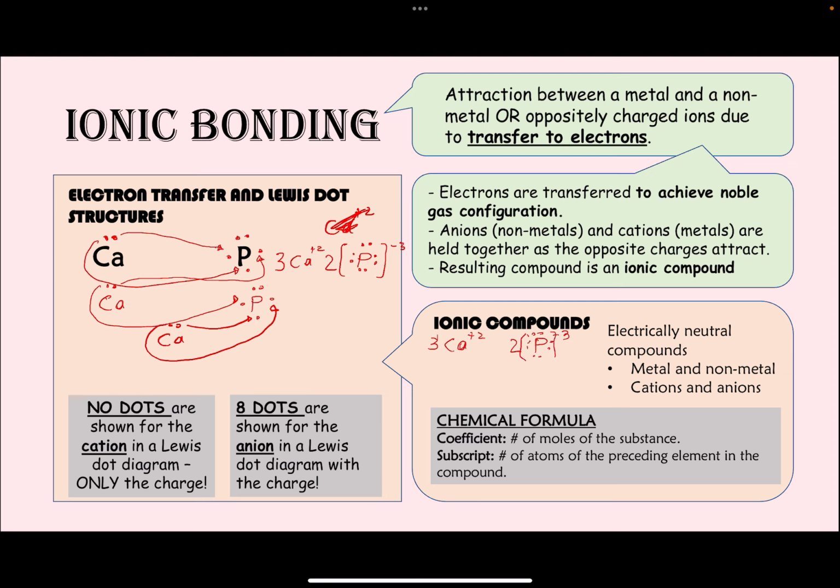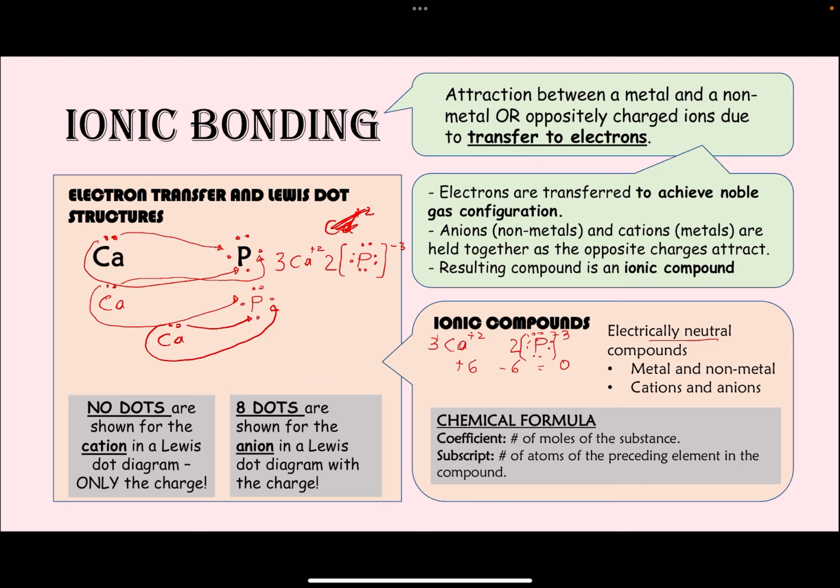Alright, so here's my phosphorus, okay? Now, if you add these charges, for calcium, we get 3 times +2, you get +6. And then for phosphorus, we get 2 times -3, you get -6. So overall, your charge is 0. Okay, so that's what we mean by electrically neutral. Ionic compounds are electrically neutral. Their charges must add up to 0.